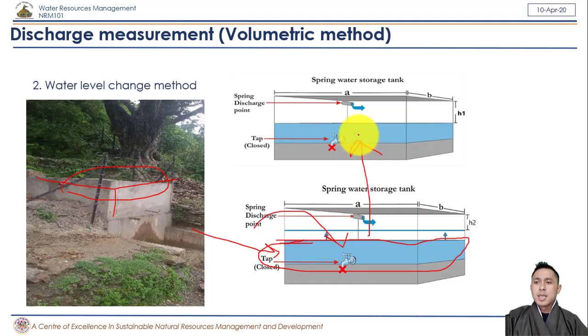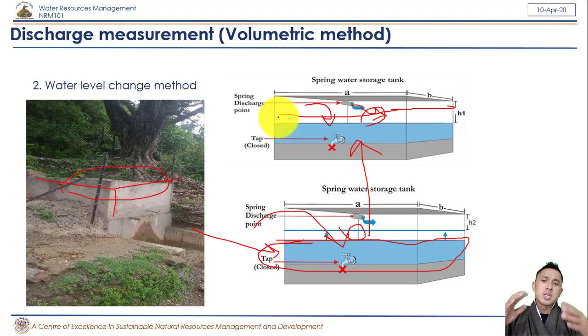Then we go up and we see that spring water or the stream has come into this tank. So we note down the change. If the water has reached this much, then what is the change in volume from the previous one? So this change or displacement can be the quantity of the discharge from that river or stream.